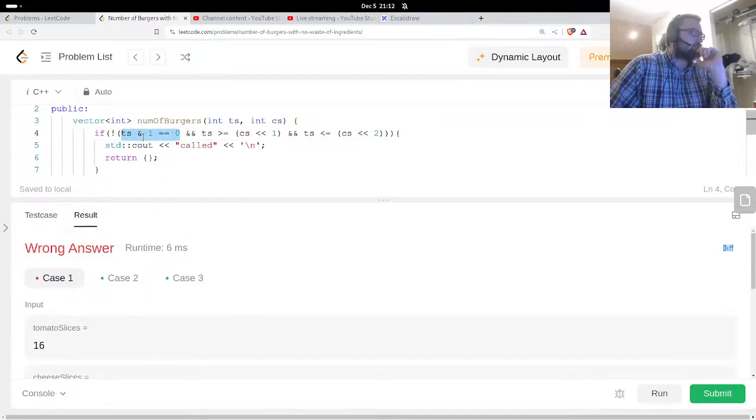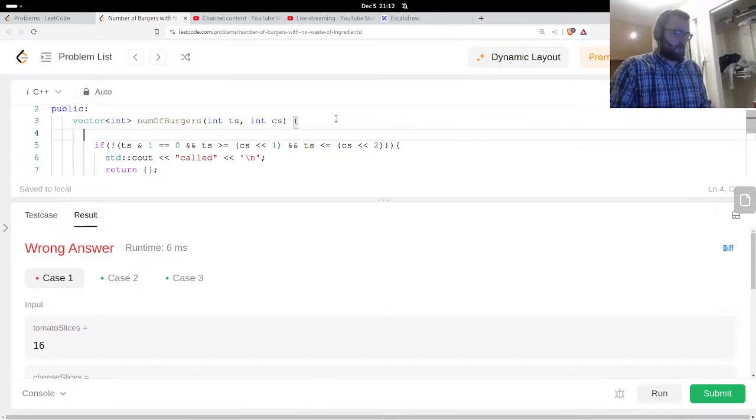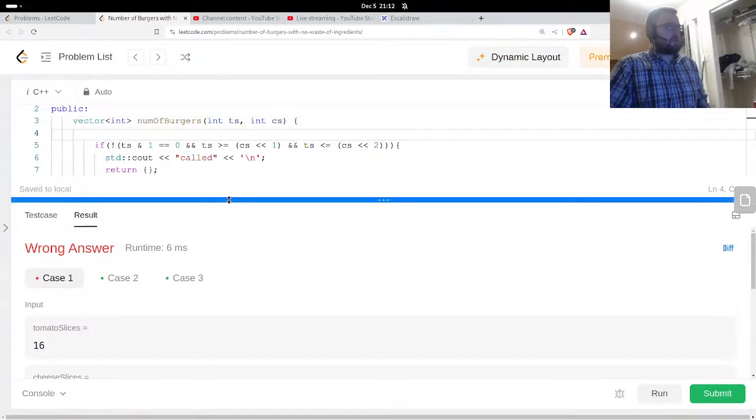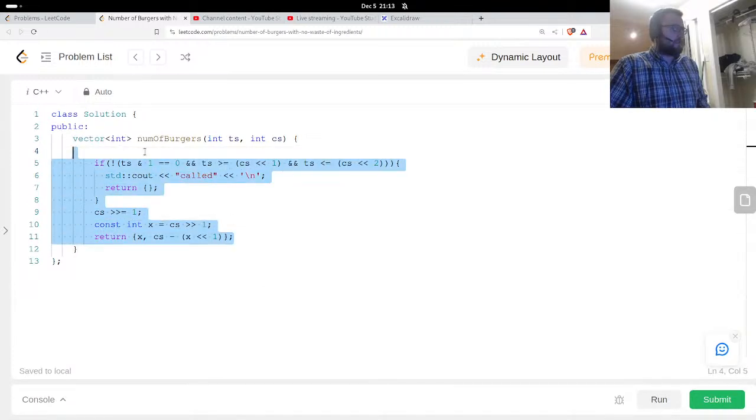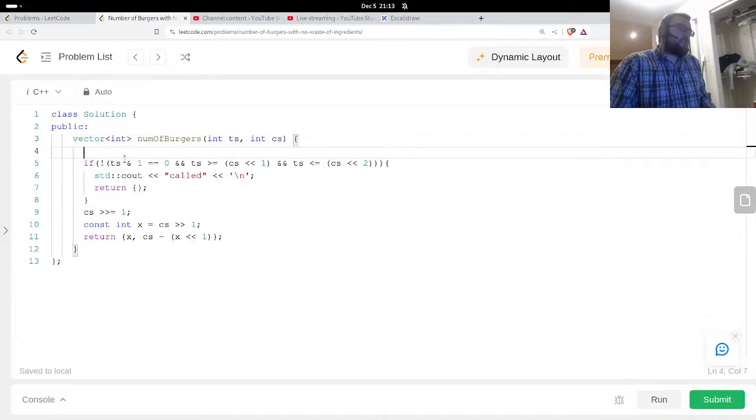This is true. This is true. And this is true. What the heck? What's happening? Also, why is this happening? My tab's all messed up here. What is going on?